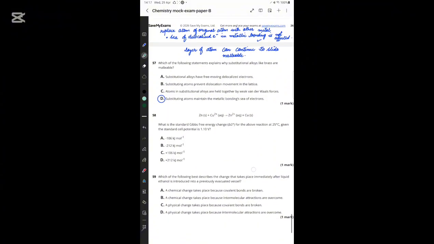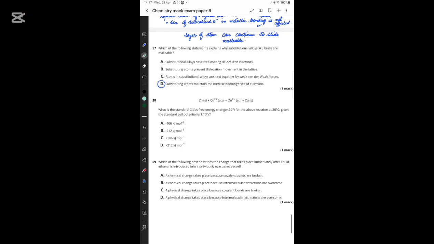Then 58th question, what is the standard Gibbs free energy for the above reaction at 25 degrees Celsius given the standard cell potential is 1.10 volts? So we have to find Gibbs free energy, which is equal to minus nFE naught. n is the number of electrons, like zinc loses 2 electrons and copper gains 2 electrons, so we are going to put 2 here.